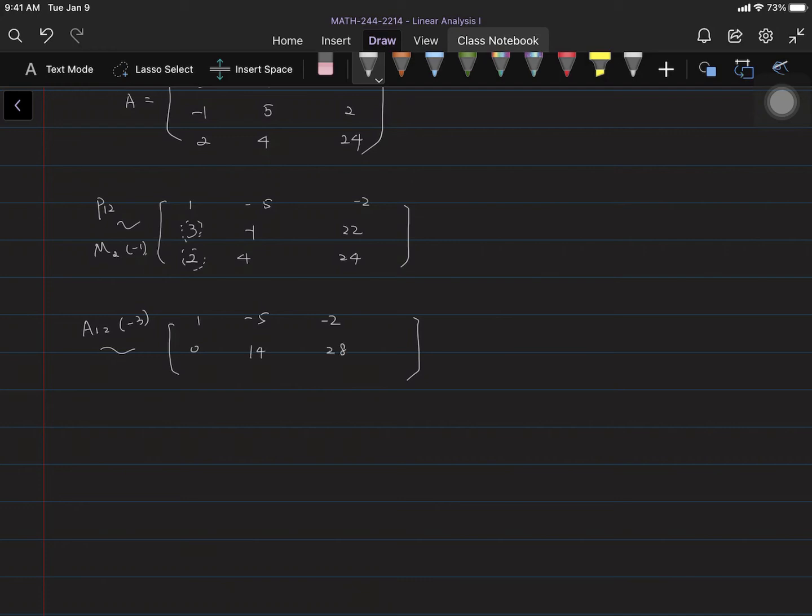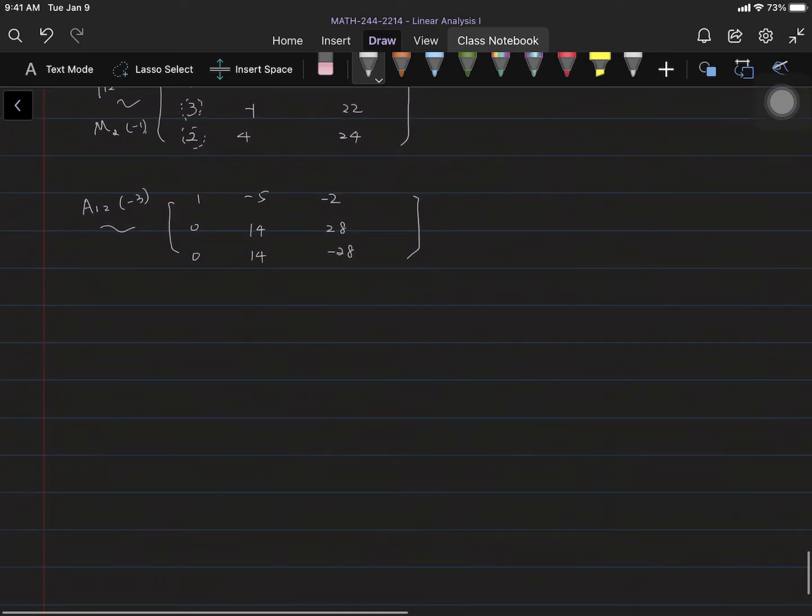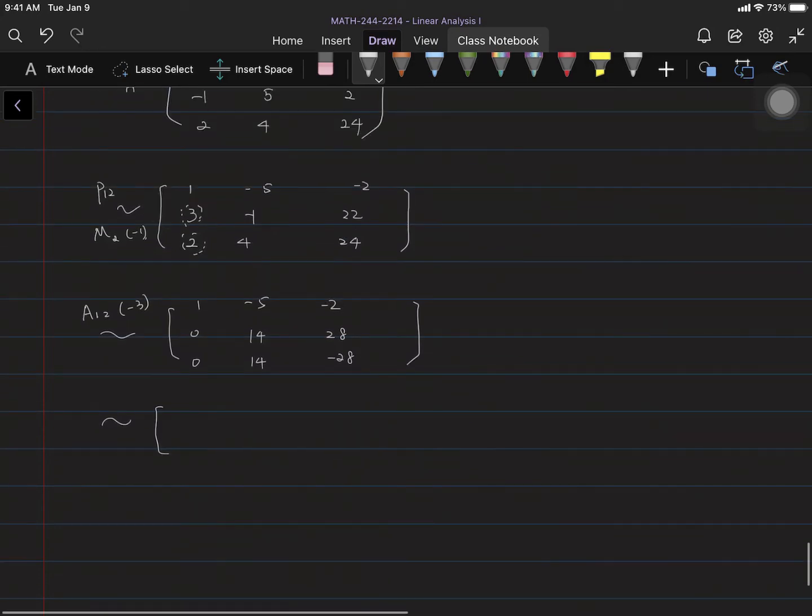Here, 28. 1 times -2, 0. 95 times -2, 10, 10 at there, 14. 92 times -2, 94 at there, 28. As I said before, actually that's positive 28. Row 2 and row 3 are the same thing. You can just make row 3 into 0, and row 2 we can divide by 14. So here is the row echelon.